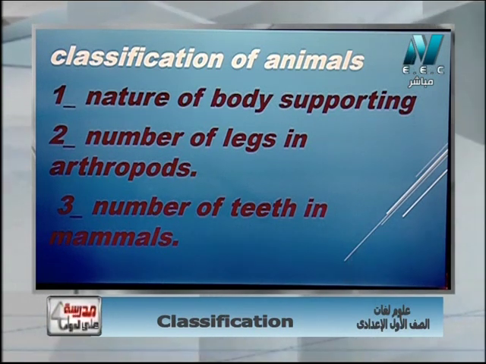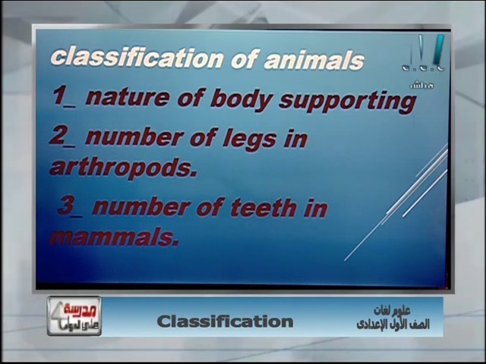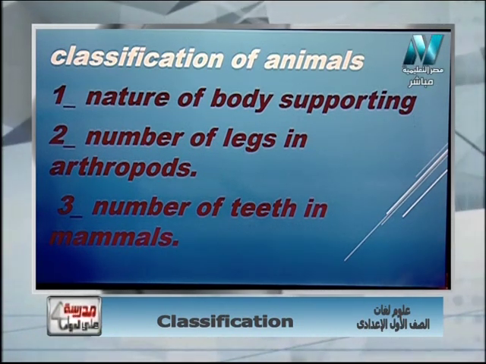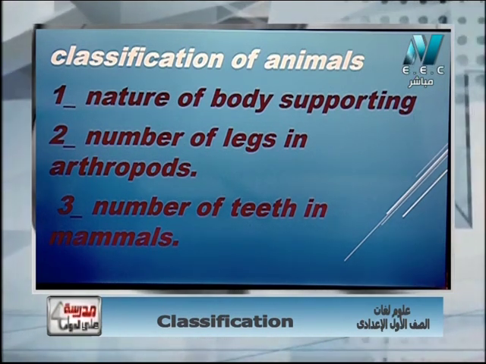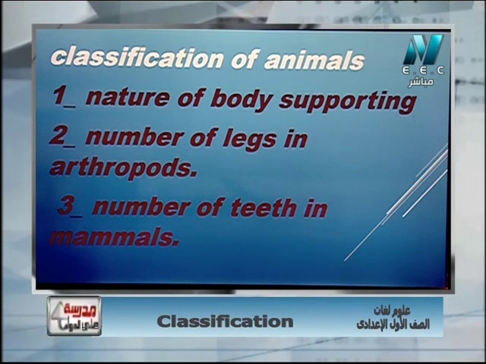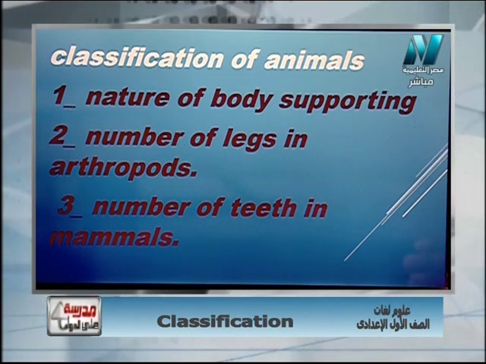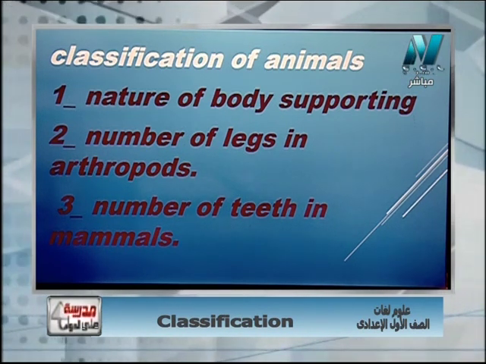Classification of animals according to, number one, nature of body supporting, as bones. Number two, number of legs in arthropods. Arthropods are different from each other in number of legs. Number three, number of teeth in mammals.